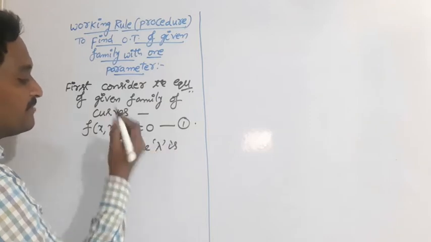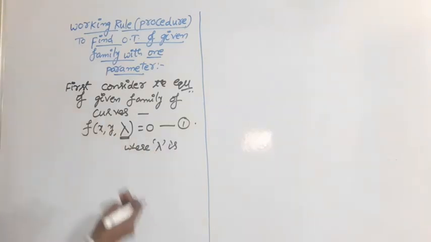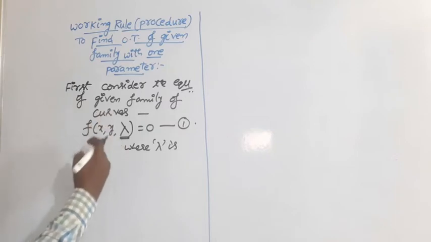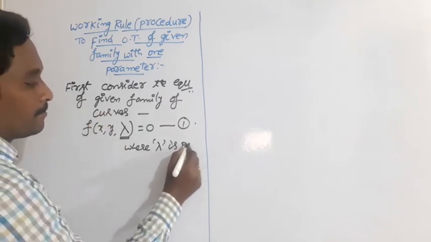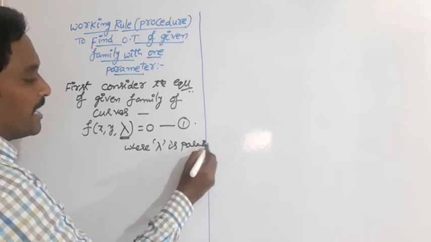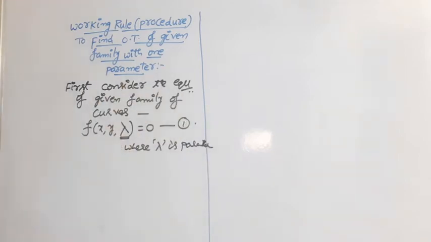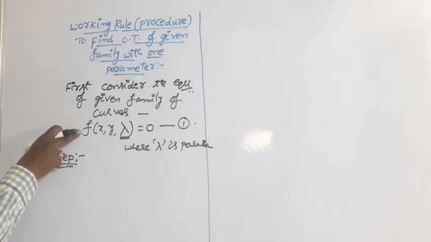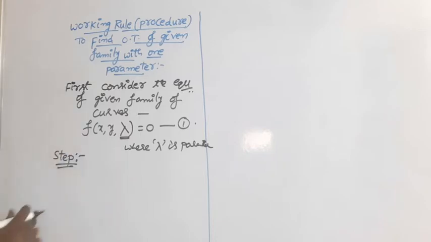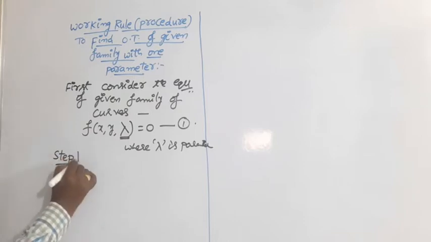Parameter means it is any value. By giving different values for lambda, you will get different curves in this family. Our aim is to find the family of orthogonal trajectories for this given family. Before starting the procedure, I want you to remember one point.